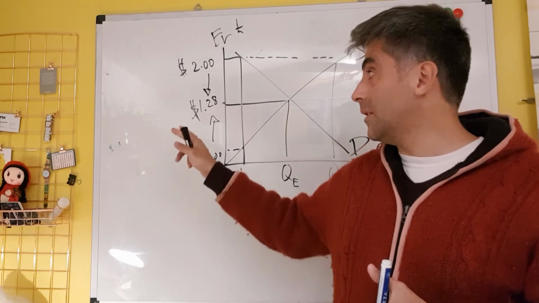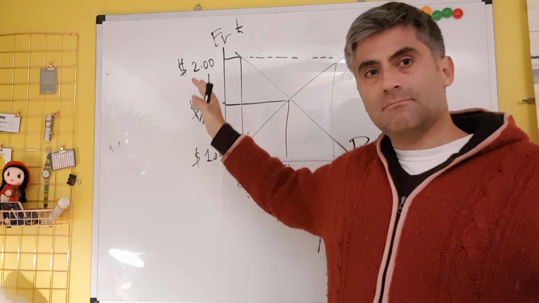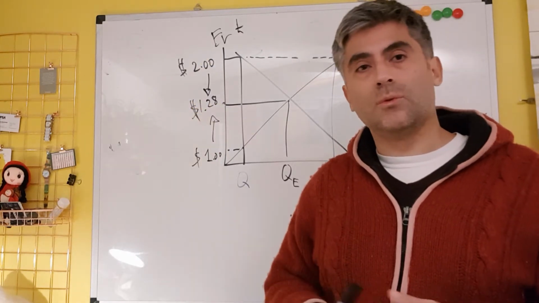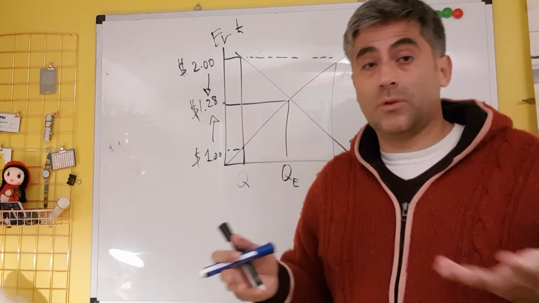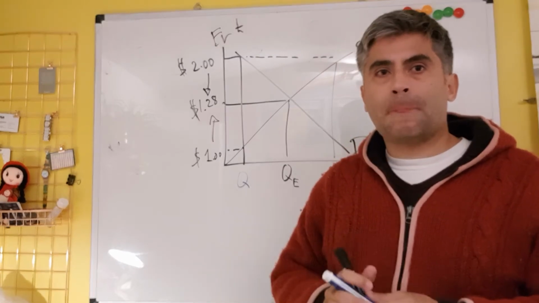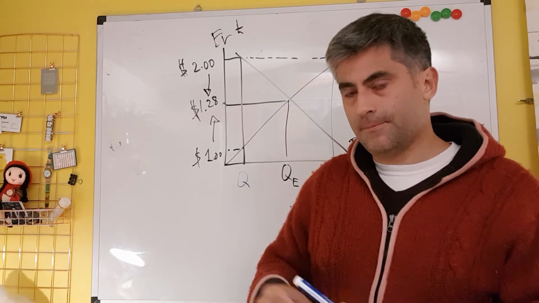So even if the value of the ruble, of the Venezuelan peso was going up, we couldn't get that crude oil from anywhere else. So that's an example. Another thing to bear in mind is the Marshall-Lerner condition.